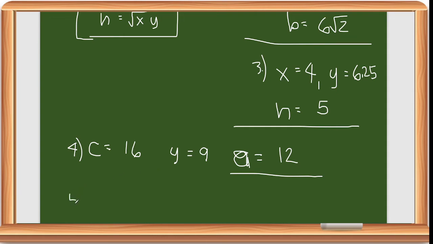Okay, next, number 5. Dictate ko na lang, ha? Your h is, or the altitude is equal to 12. And x is 4. What is the measurement of c? Okay? H is 12, or the altitude is 12. X is 4.